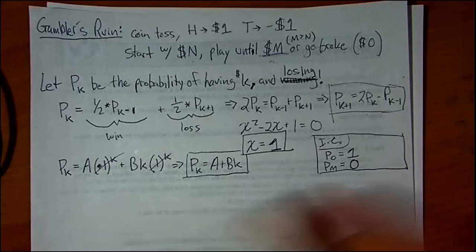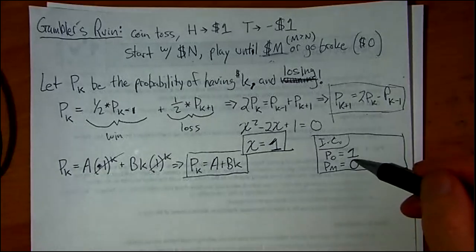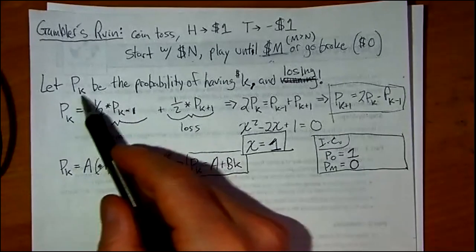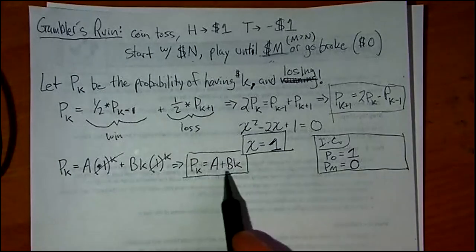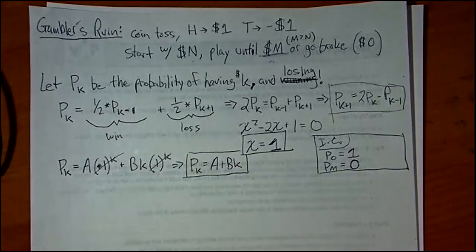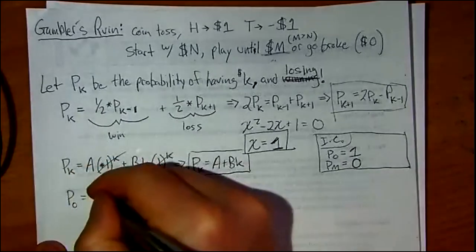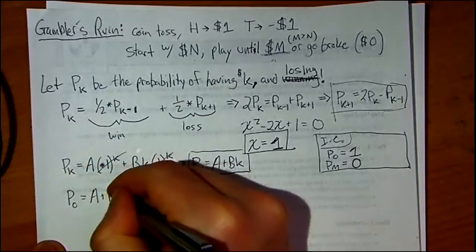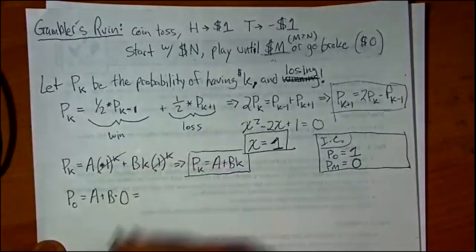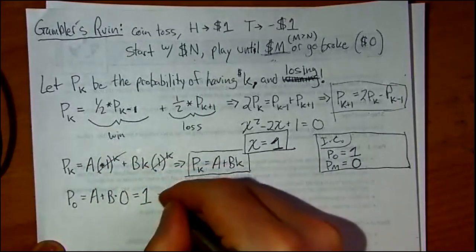Okay. So I have these initial conditions now. I do have now the correct definition of P sub K. And now we can solve for A and B using the initial values from our recurrence relation. So if I have P sub 0 equals A plus B times 0 equals 1, then what does that tell me?